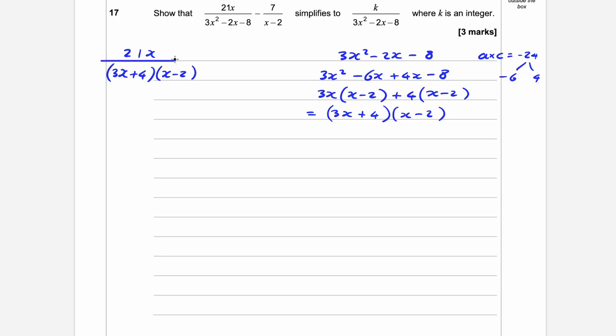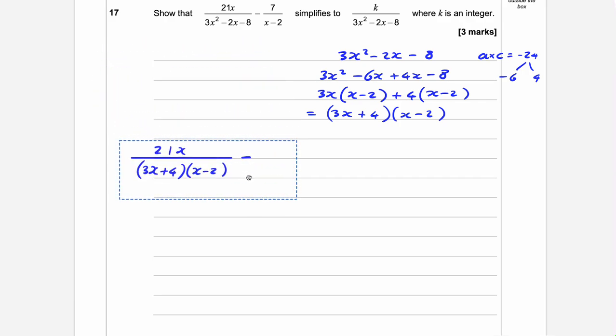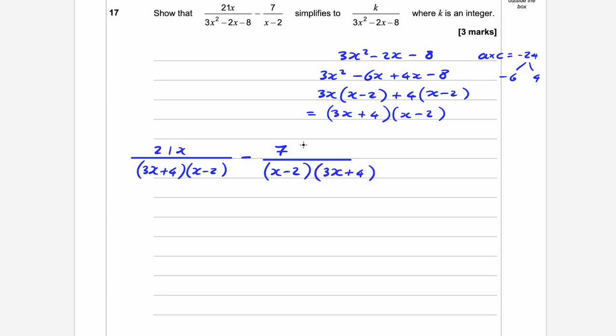And then this guy, we're going to do a common denominator. Let me just bring it down here, guys, because I feel I don't have space. Common denominator, which is x minus 2, but I'm going to multiply by, and then this is 7. So 7 over x minus 2. I'm going to multiply the bottom by 3x plus 4, and then I'm going to multiply the top by 3x plus 4.